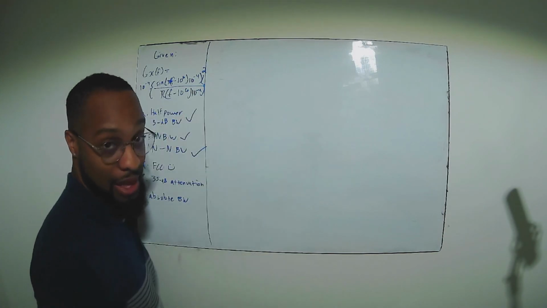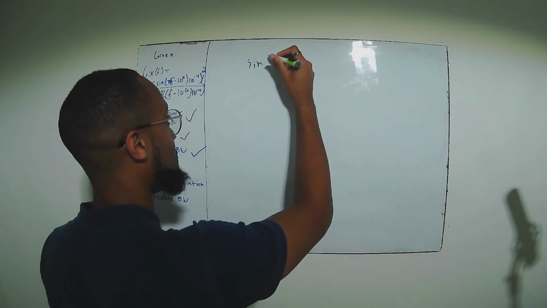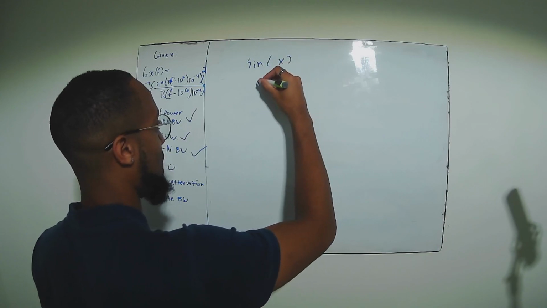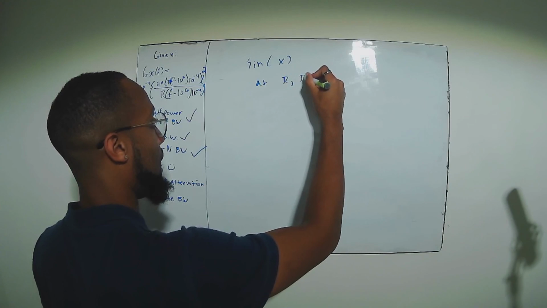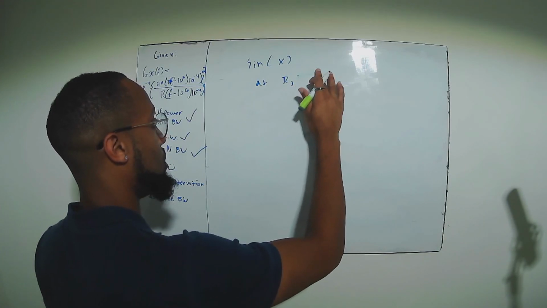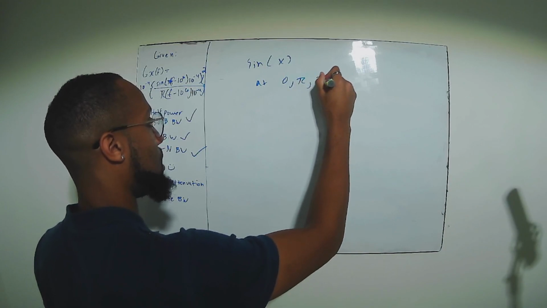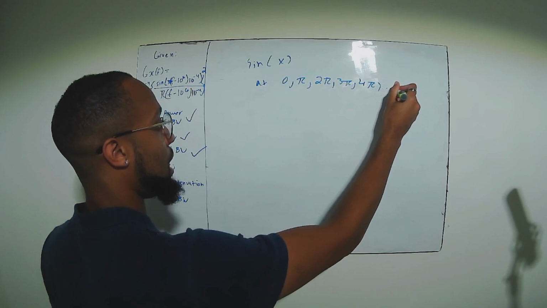That happens naturally because sine has zeros. The sine function, so let's say sine x, has zeros at 0, pi, 2 pi, 3 pi, 4 pi, and so on.